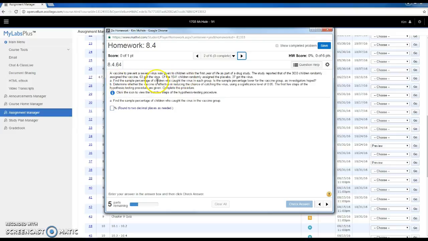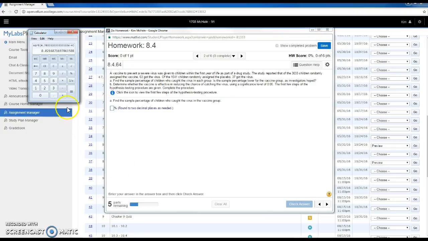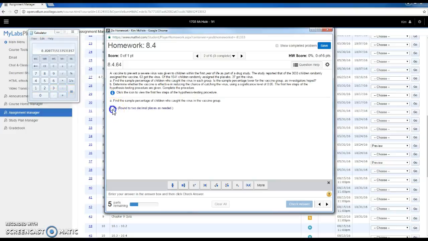First, I need to find the sample percentage of children who caught the virus in each group. So who caught the virus in the vaccine group was 63 out of 3,030. I'm sorry, 3,033. And I get 2.1%. Round to 2 decimal places. 2.07%.